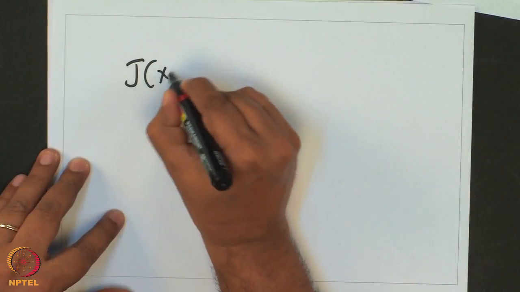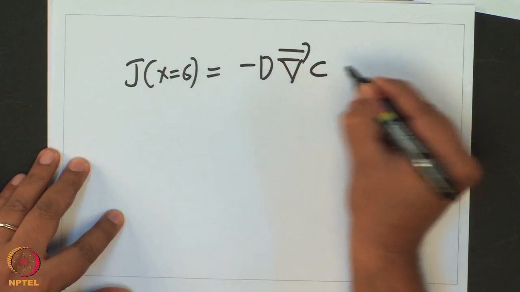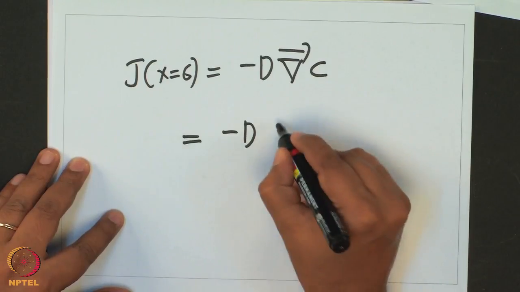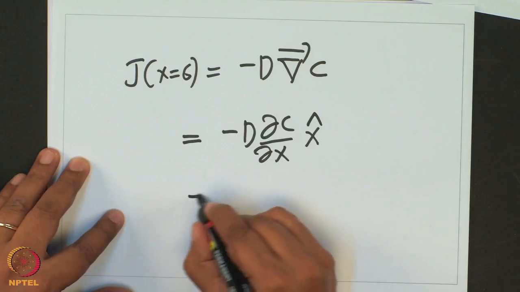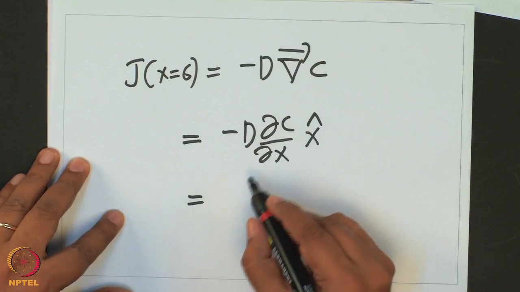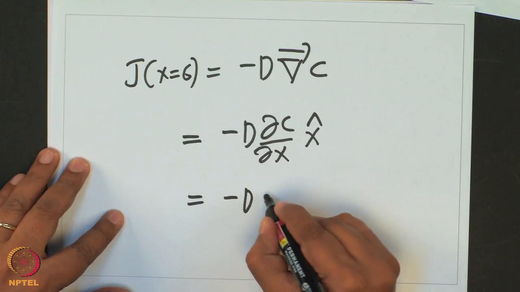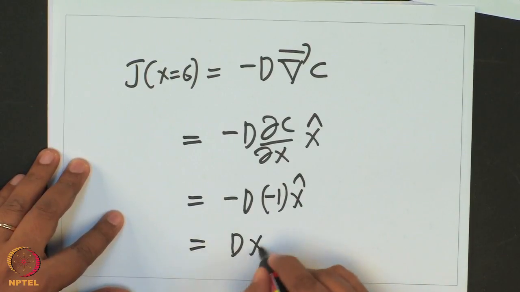Since dC by dx at x equal to 6 is minus 1, let us write J at x equal to 6 as minus D del C, which is equal to minus D del C by del x x cap, and this is equal to D times minus 1 times minus 1, giving D x cap.